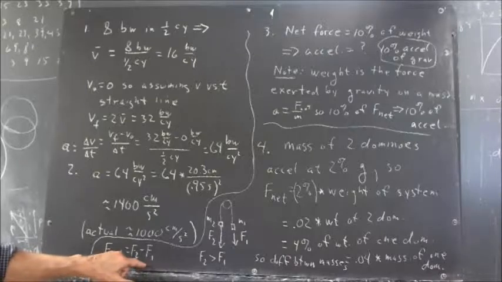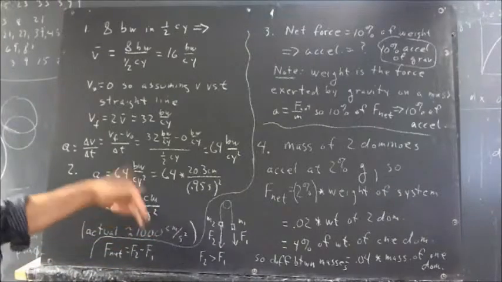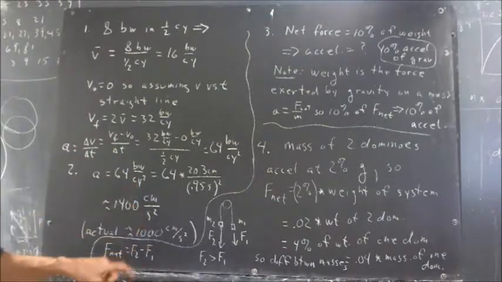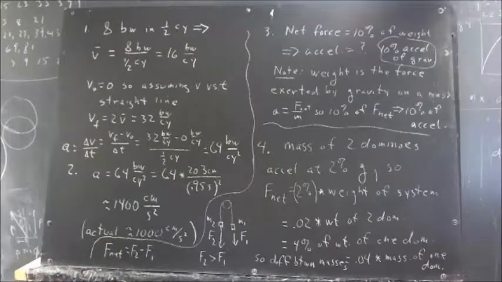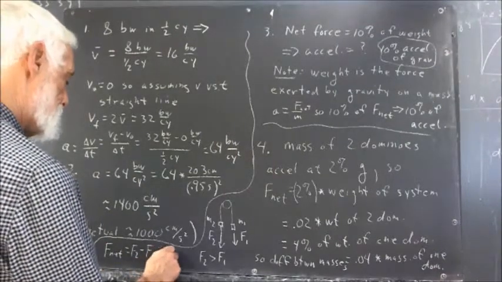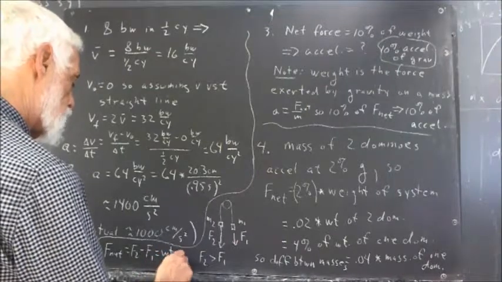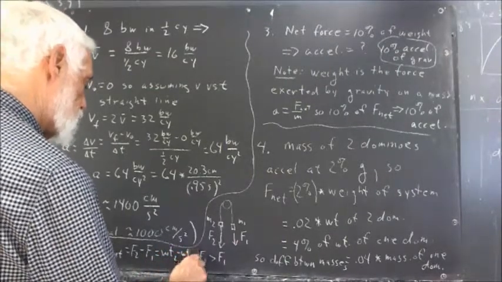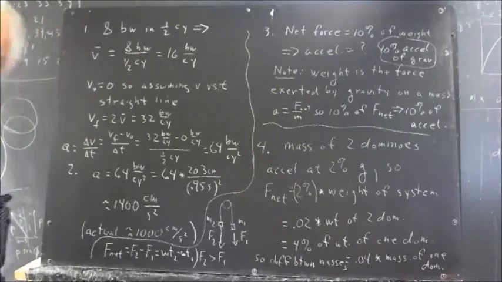Net force is the difference in the forces between the 2 dominoes, and the difference in the forces exerted by gravity on the 2 dominoes. In other words, the difference in the weights of the 2 dominoes. So we could also call this weight 2 minus weight 1.